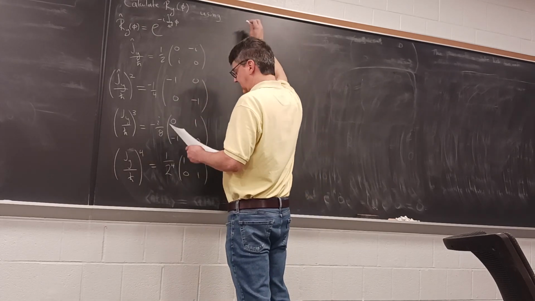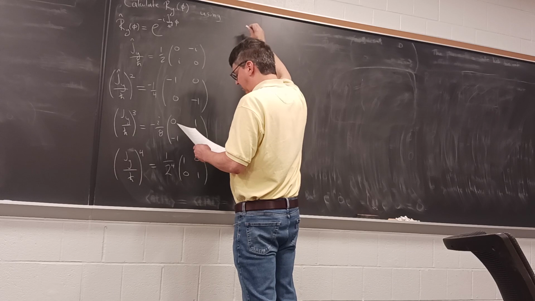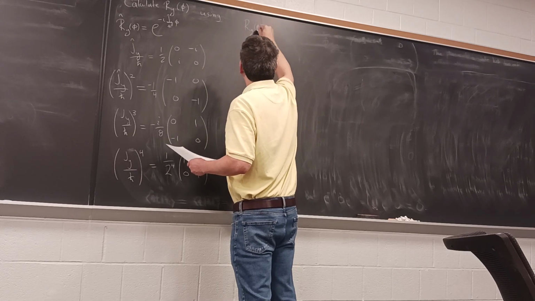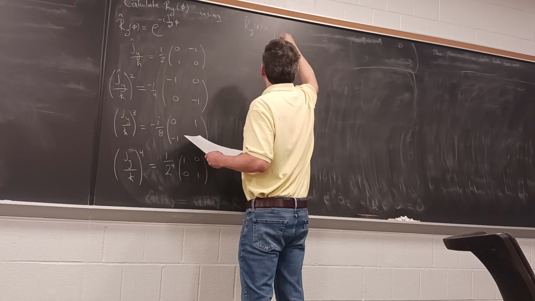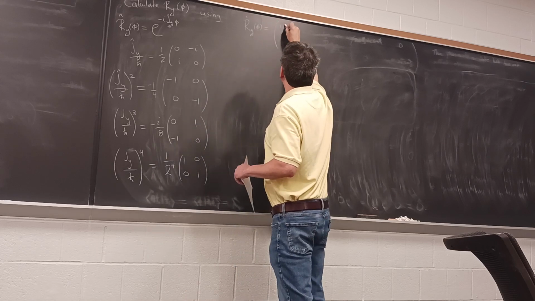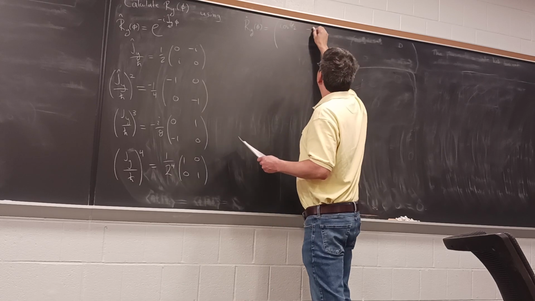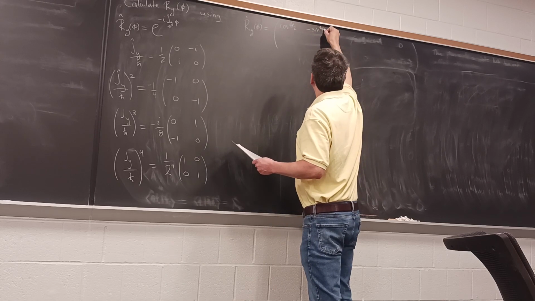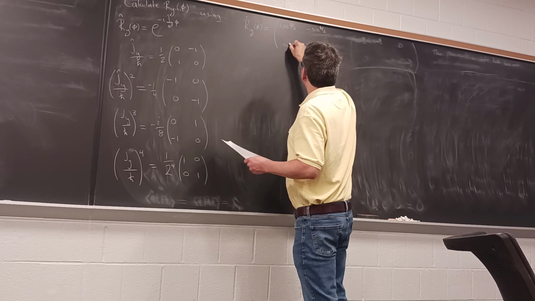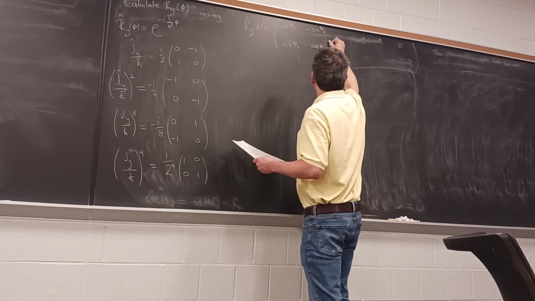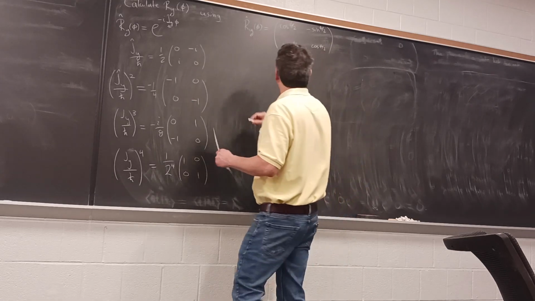You do the same thing that we did before, and you find that R sub y of phi is given by the matrix cosine phi over 2, minus sine phi over 2, sine phi over 2, cosine phi over 2.